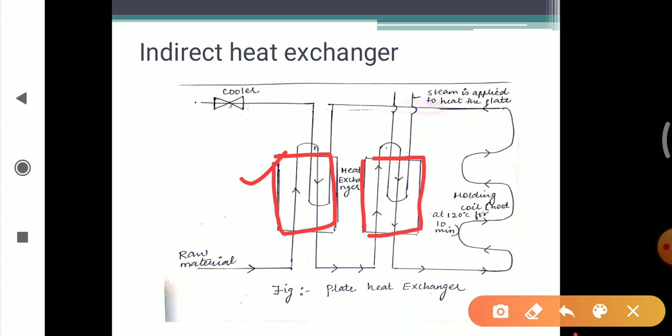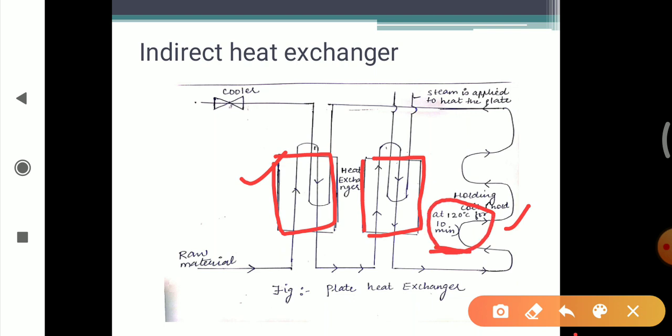This heated plate will raise the temperature up to the desired level of sterilization. The medium from the heat exchanger now passes to the holding coil, where it is maintained at sterilization temperature for a predetermined time period: 120 degrees Celsius for 10 minutes.